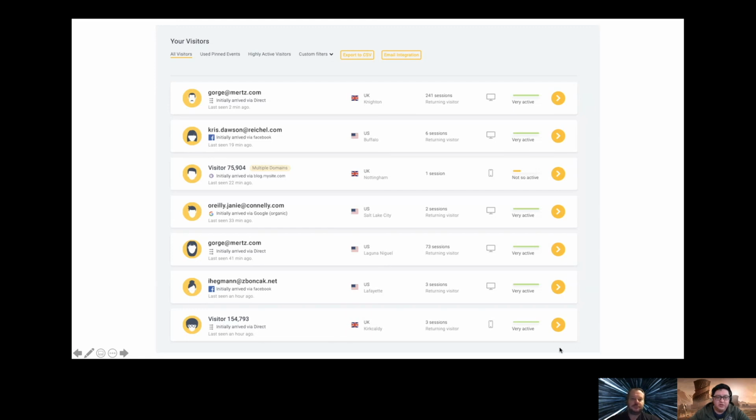But if you look at the bottom of the example, there's one that says visitor 154. Those are the new ones, and that's an easier way to identify newer visitors that are coming and what they are doing. I think the fun thing about this one is that you're seeing who is coming to your website, and based on the sessions they've done, how long they stayed on some of your pages, there's even kind of an evaluation of the visitor.